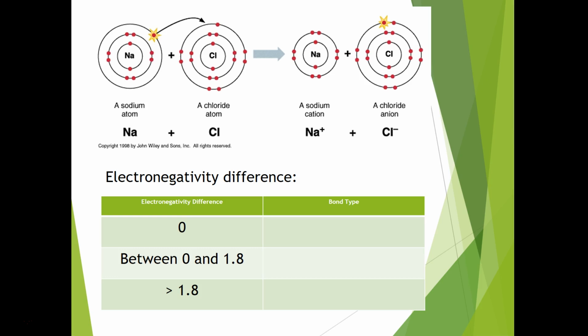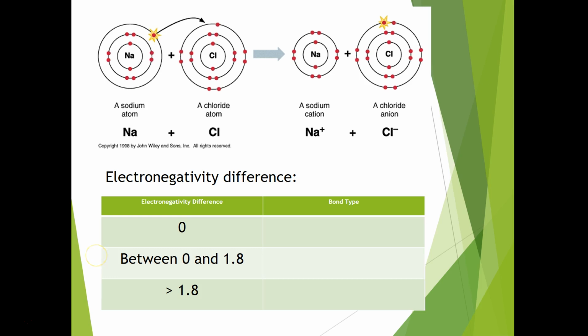Now, we can determine whether a reaction between two compounds will form an ionic or a covalent compound, and that's by looking at the electronegativity difference. When two atoms are bonded together, we can look at their electronegativity values, get the difference between them, and the result will tell us what kind of bond we have.